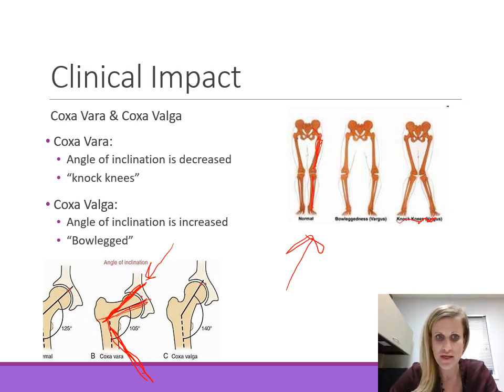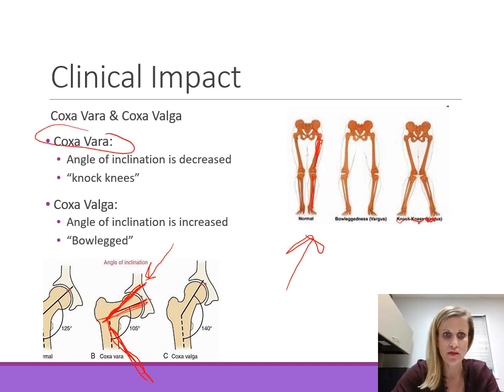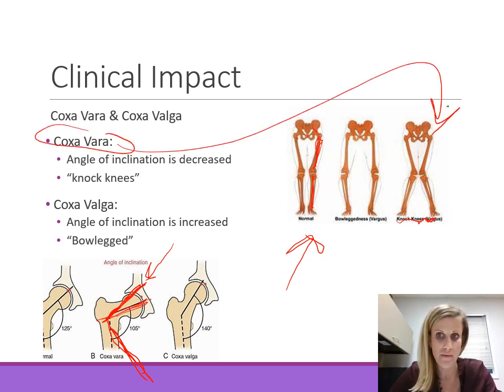This knock knees is what occurs with coxa vara. Again, there's less of an angle right here, and as a result, the femur comes in very close to the midline at the knee, and then the tibia and fibula shift laterally. Distally, they head out laterally.